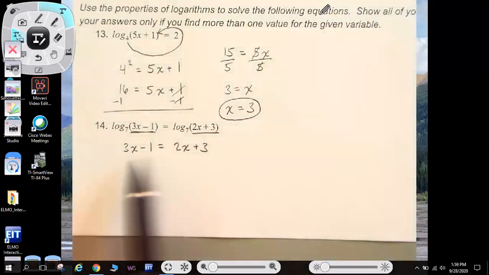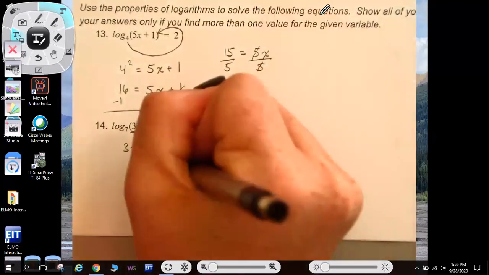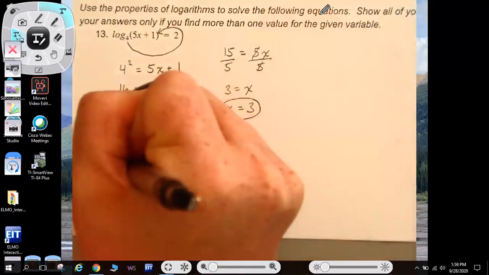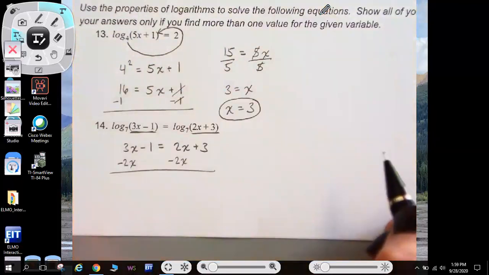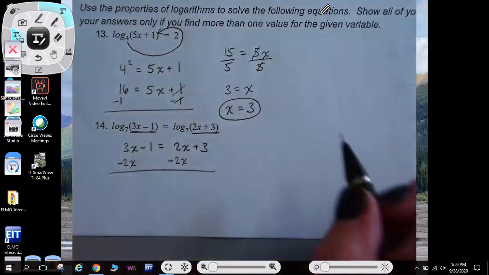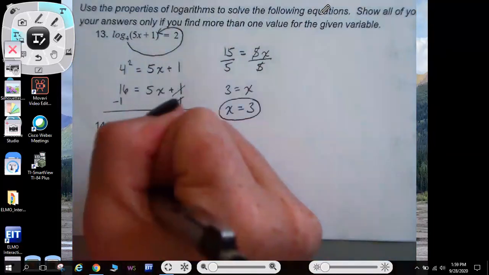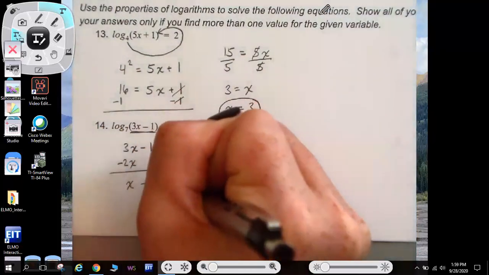So if I were to subtract 3x from both sides, that would give me a negative x over here. So instead, I'm going to subtract 2x from both sides. Again, it doesn't matter if you subtracted 3x first, you still should come out with the same answer. So 3x minus 2x is just x minus 1 equals 3.